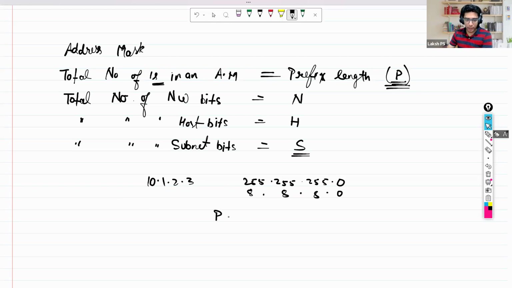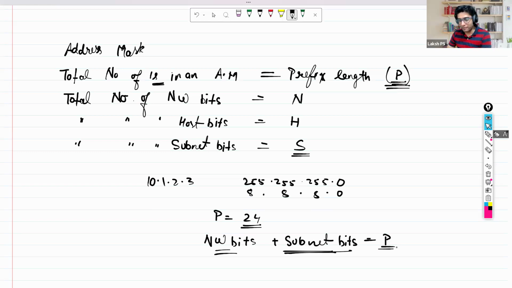So in total, P is 24. Now, this P, or the total number of ones, will include the network bits plus the subnet bits also. Network bits and the subnet bits both give us the total prefix length.